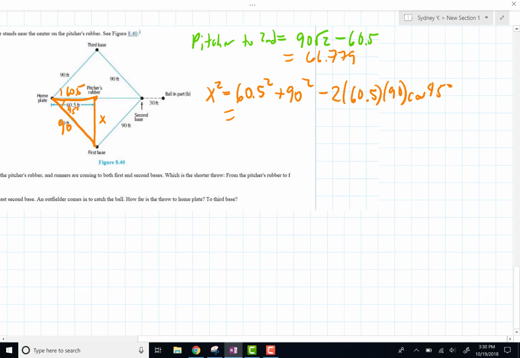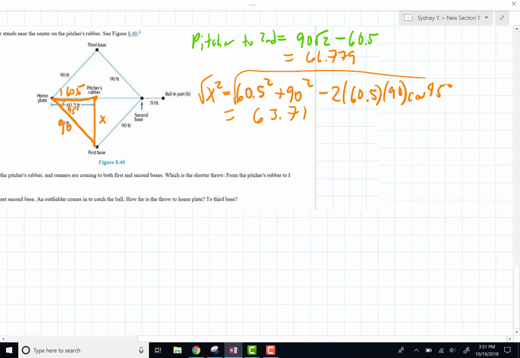I'm going to put a big square root on it and punch it in on my calculator all at once. So square root of 60.5 squared plus 90 squared minus 2 times 60.5 times 90 times the cosine of 45, and that's 63.71.